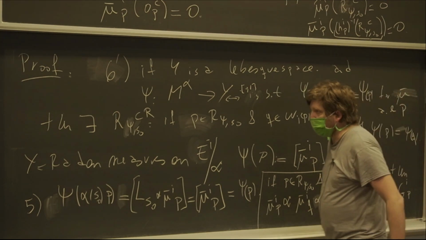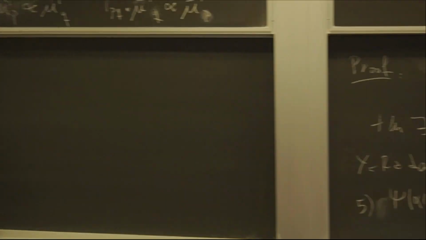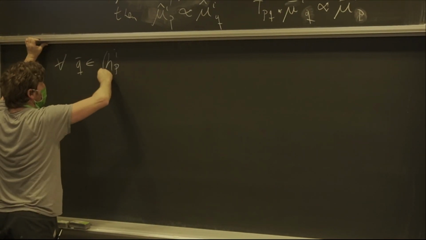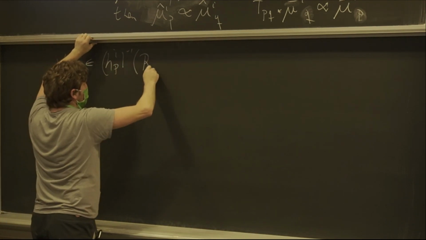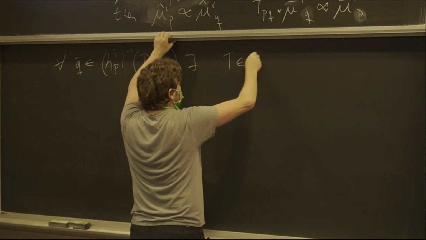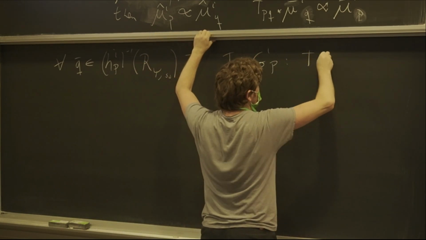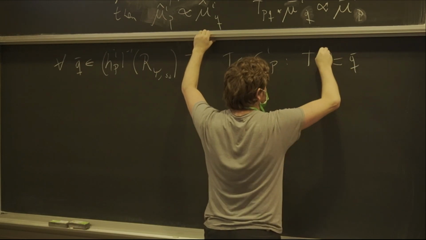Okay, let's write this down. So for every q bar in this HPI inverse of R psi S naught, there exists T in GIT such that T of 0 equals q bar.